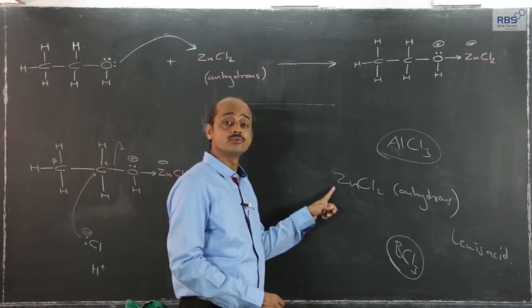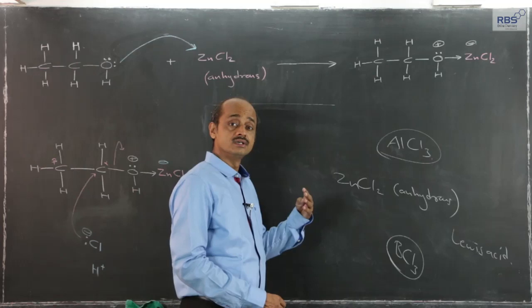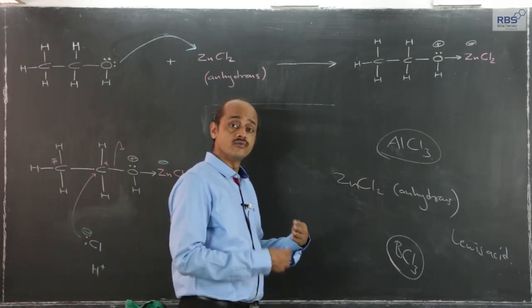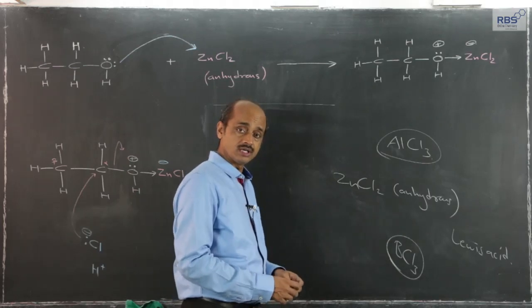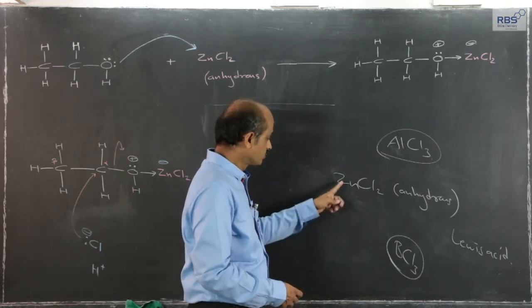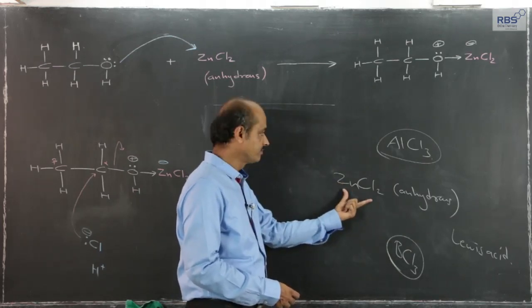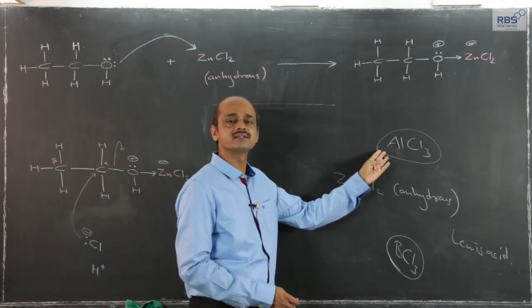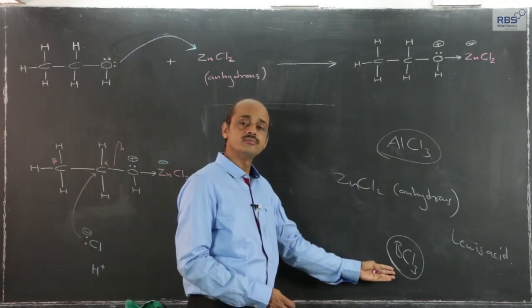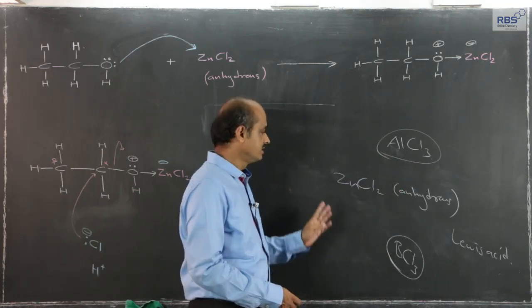Now, zinc's outermost shell is n equal to 4. In shell number 4, the 4s, 4p, 4d, 4f subshells, empty orbitals are available. Here we are taking this example. In some other cases, we take anhydrous AlCl3, anhydrous AlBr3 or BCl3, boron trichloride.